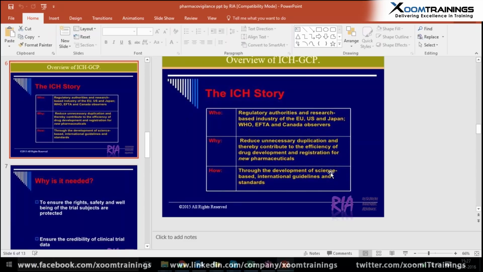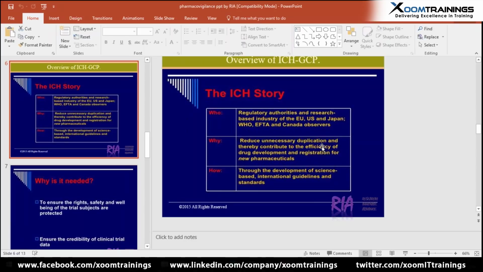Their clinical trial guidelines are the standard guidelines accepted universally. They maintain good quality and conduct clinical trials with good regulations and good principles.